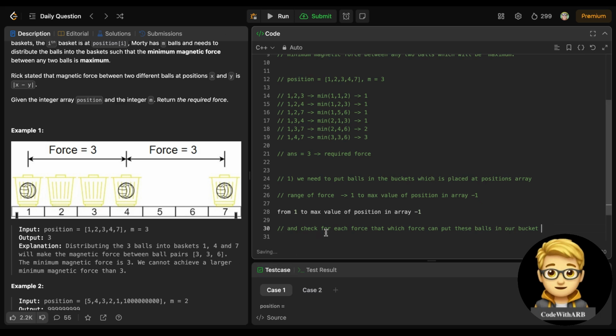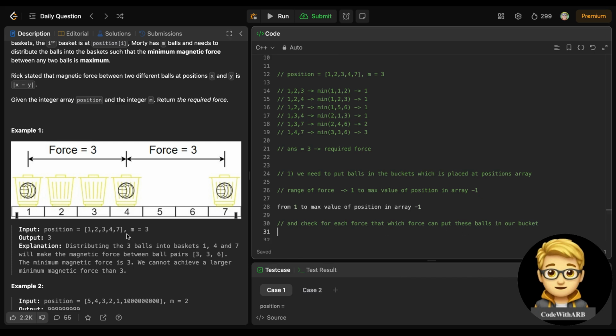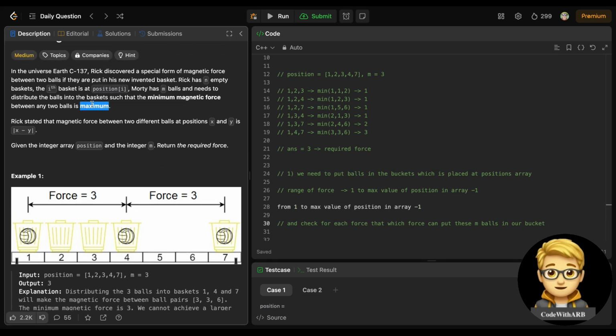The maximum force with which I can put all these m balls in buckets would be my answer, because ultimately I need to find the maximum force.